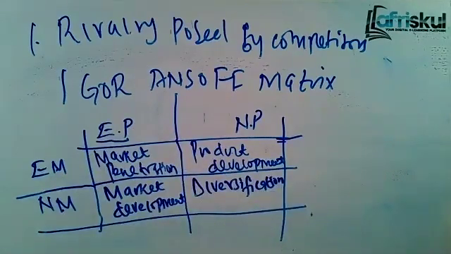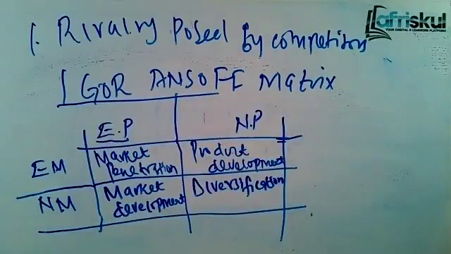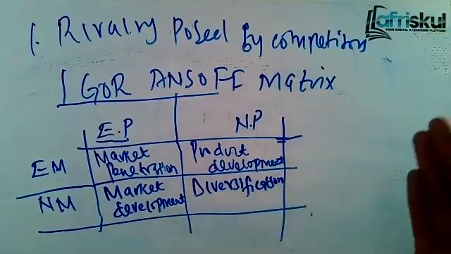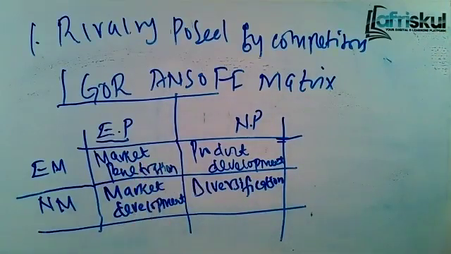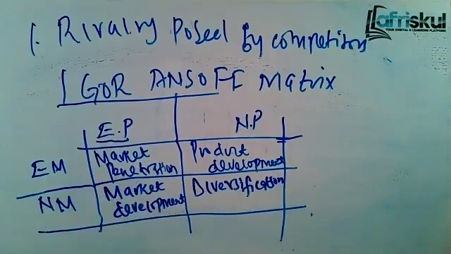We are trying to see the strategies that we can use to grow our business according to Ansoff. Ansoff is the person who came up with these four strategies. One of the strategies he talked about, for growing or responding to competition, is market penetration, where we take our existing product to our existing market.